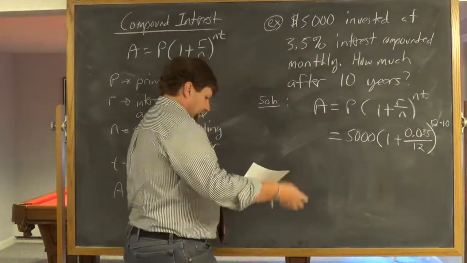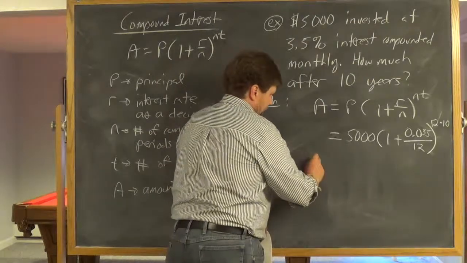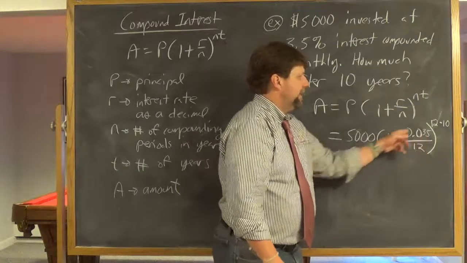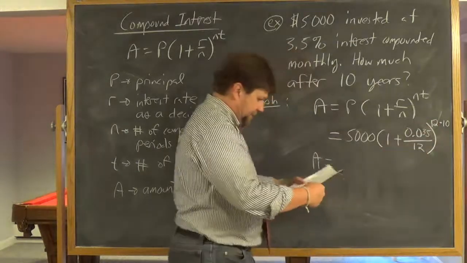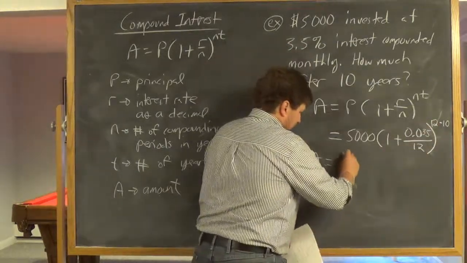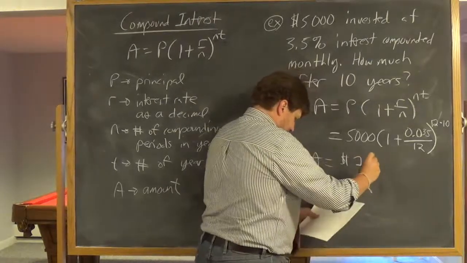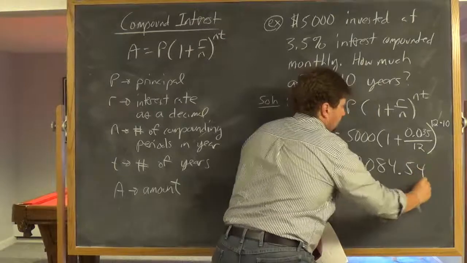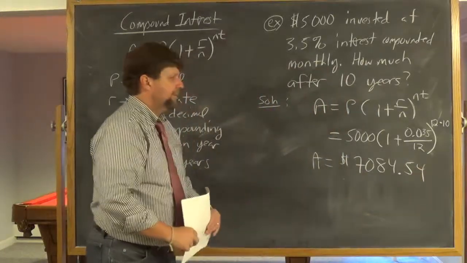So now if I use my calculator, and believe me, I would use my calculator, and I do 5,000 times this quantity raised to the 120th power, I get the amount to be $7,084.54.